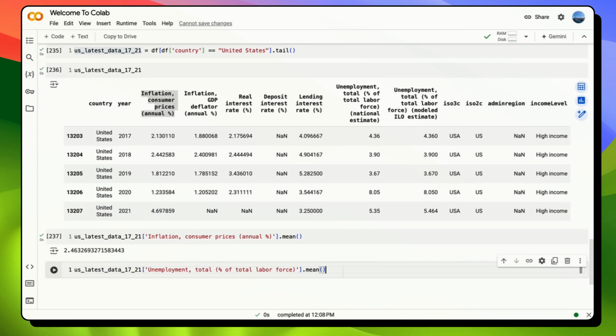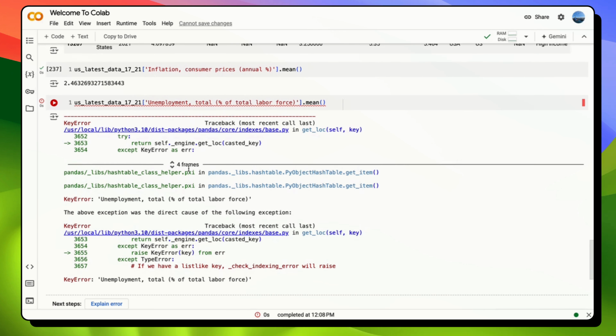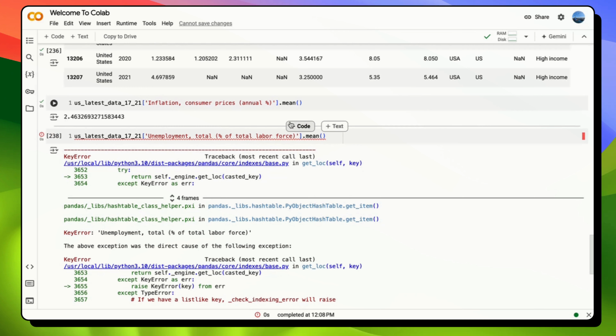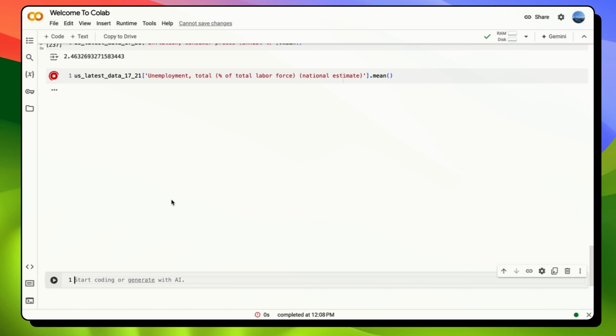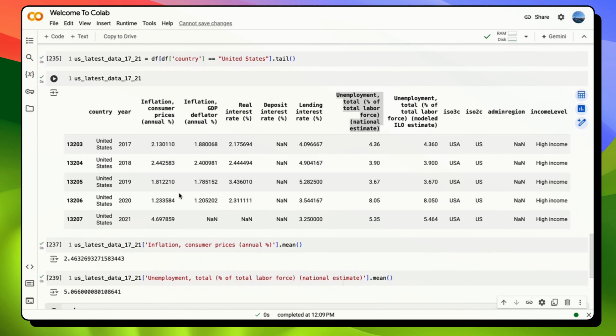Let's go ahead and see the unemployment total labor force for the last 4 years. That's 5%.